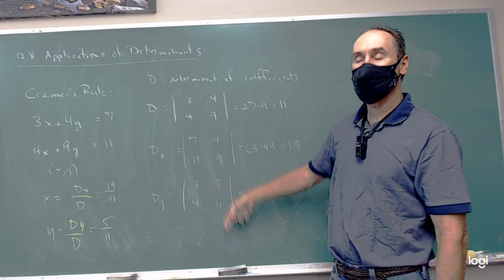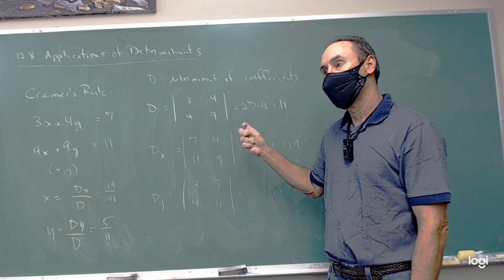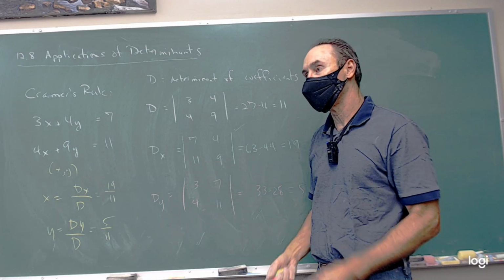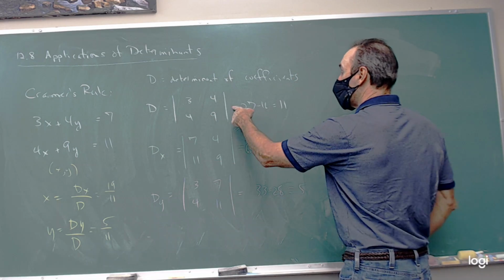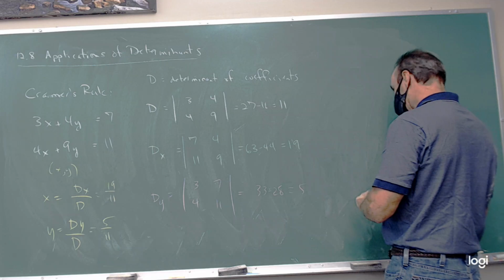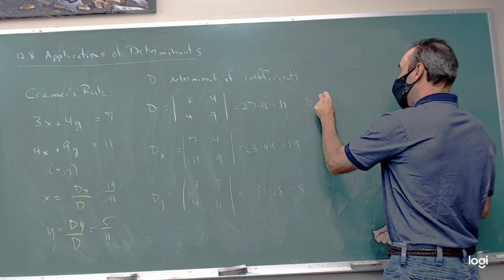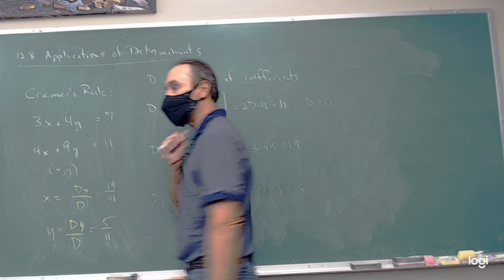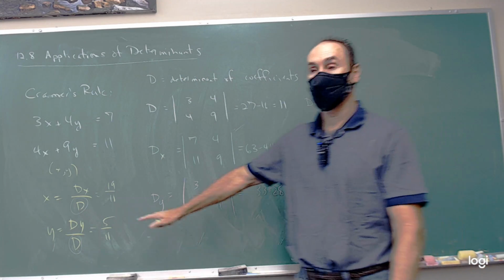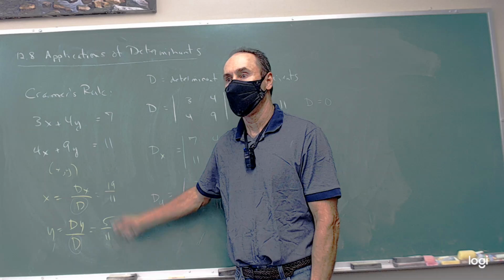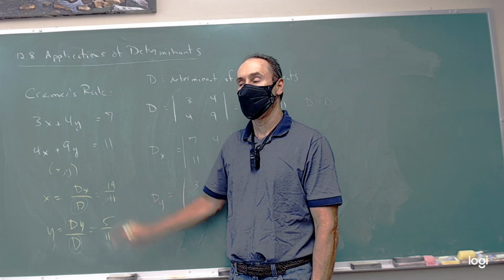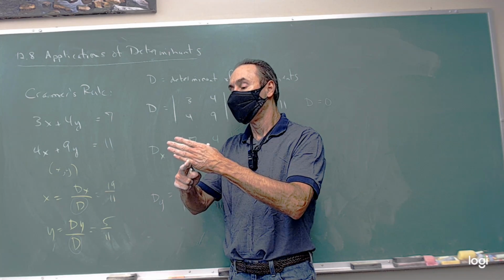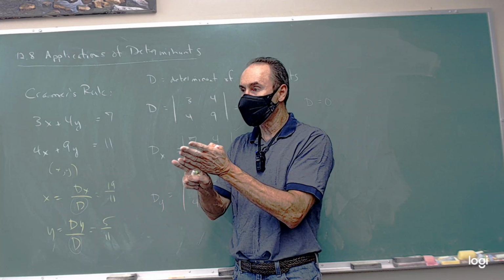You can tell what's happening from Cramer's rule, from these determinants. If d is equal to 0, now we're in trouble, right? Because now we're trying to divide by 0. That tells us that we are not going to get a single point of intersection. These are not intersecting lines. They are either parallel or coincident.